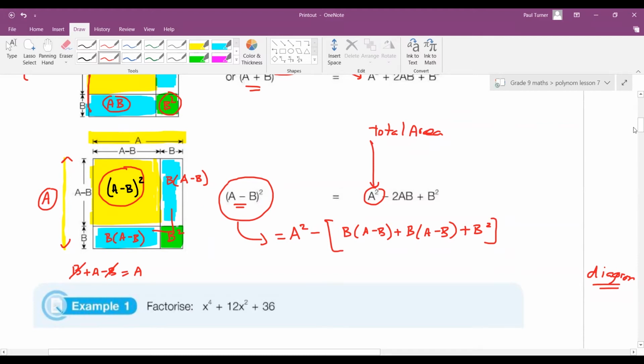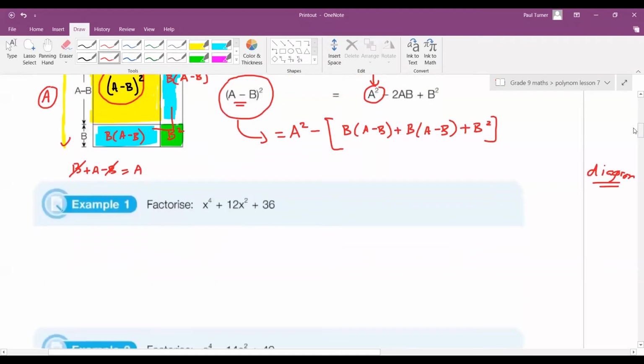So if we simplify that, we should get to our rule, which is written here. So we've got a squared minus, okay, let's expand this. We've got ab minus b squared, and this bit, plus ab minus b squared, and plus b squared.